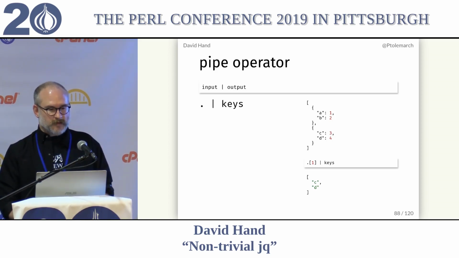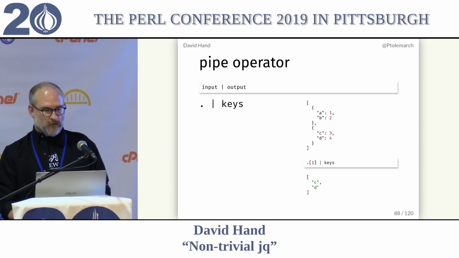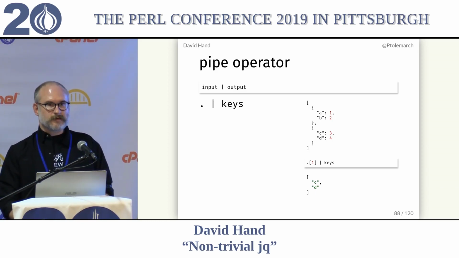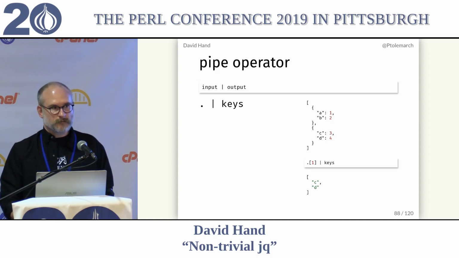So in the example, we have this array of objects, and what we're looking for are the keys of the second element of that array, right? So we pass it the second element of the array, and it gives us the keys. The important thing is this is how you pass functions in JQ.